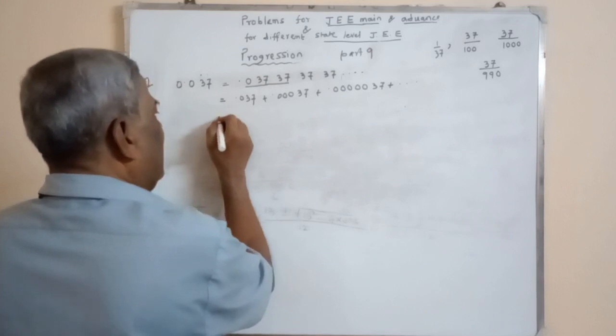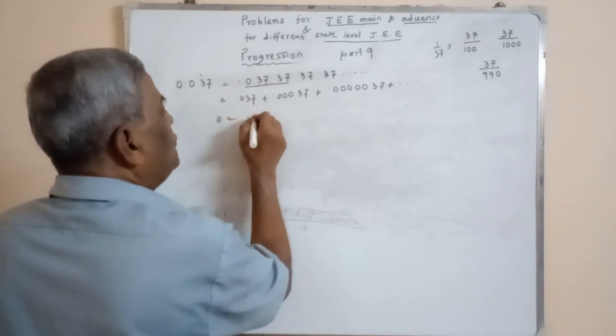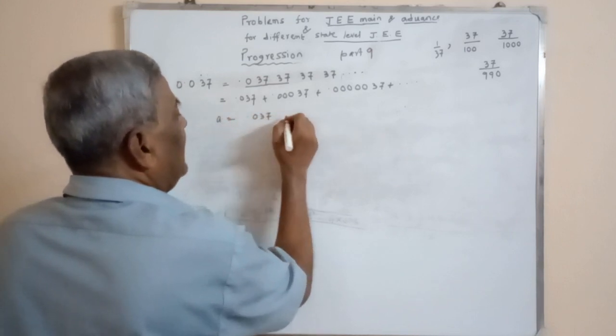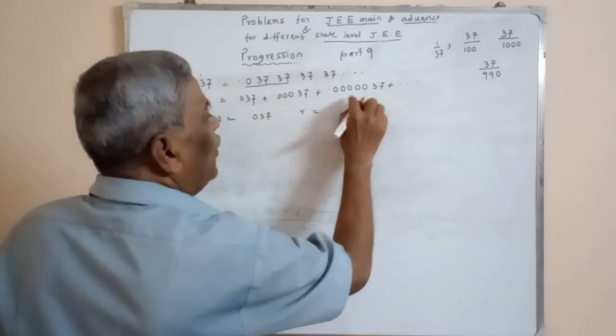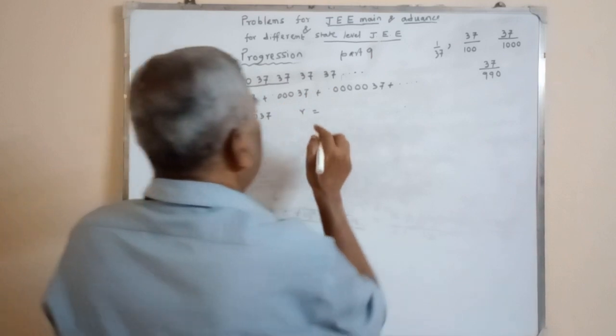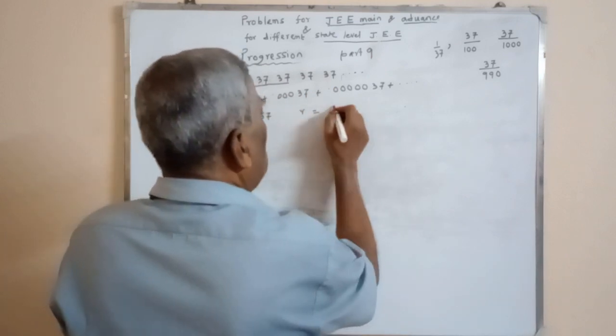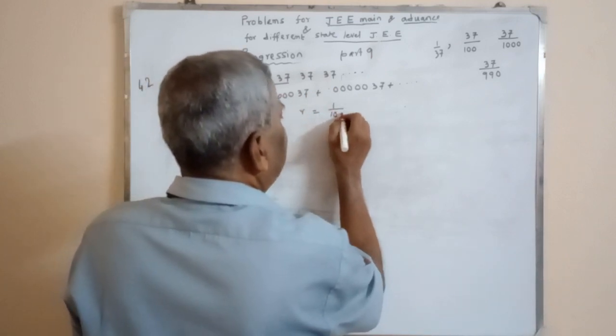First term A is equal to 0.037 and R is equal to this by that, which is 1 by 100.